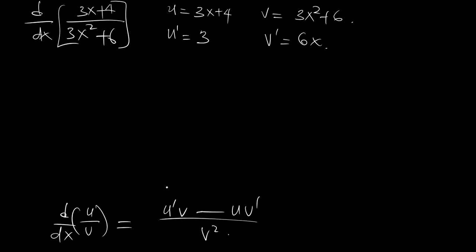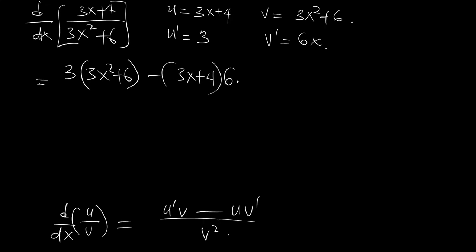Now applying this formula here, you now have the derivative of this, which is u prime, which is 3, times v, which is 3x squared plus 6, minus u, which is 3x plus 4, times 6x, divided by v, which is 3x squared plus 6 all squared.